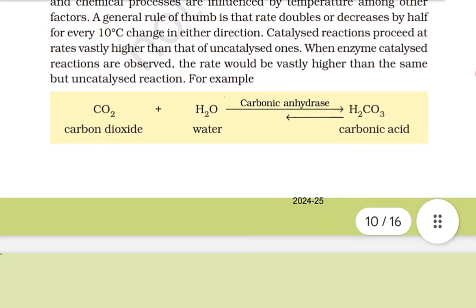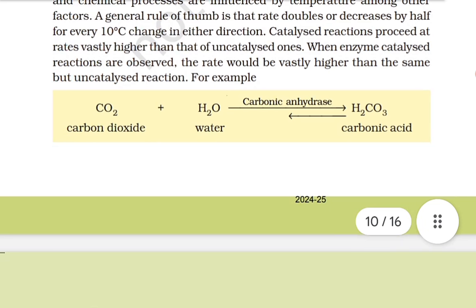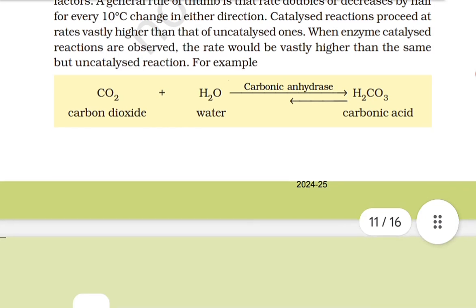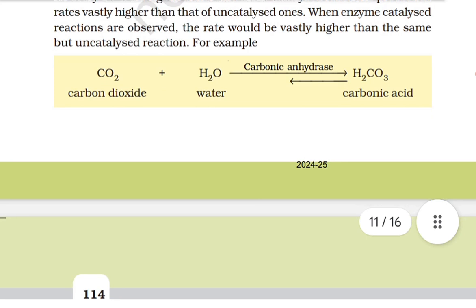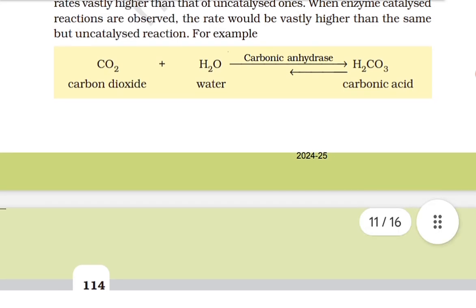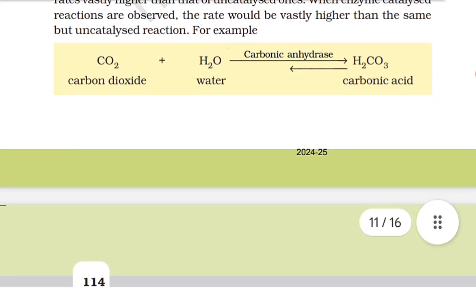The difference in average energy contained of the substrate from that of this transition state is called activation energy. Enzymes eventually bring down this energy barrier, making the transition of substrate to product easier.